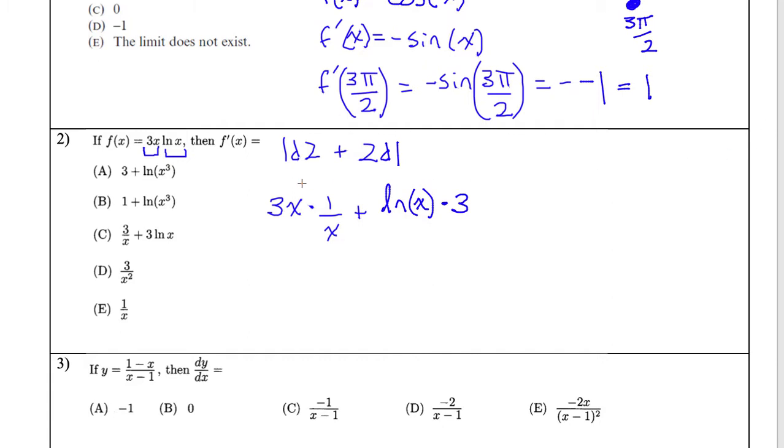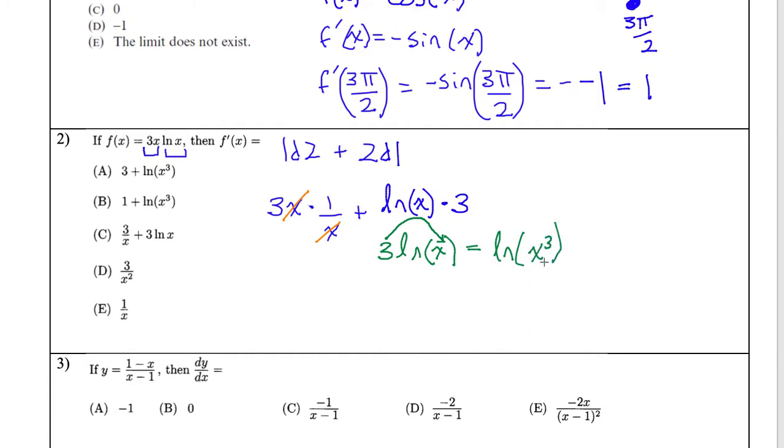I can simplify that really quickly. The x on the top and the bottom cancel each other out. I should be looking for 3 plus 3 natural log of x. 3 plus, it doesn't look like it's there, right? But it is, because this natural log of 3x can be rewritten as 3 natural log of x out front. And there is the rule that this 3 can come inside the parentheses up here to the power and turn into natural log of x to the power of 3.